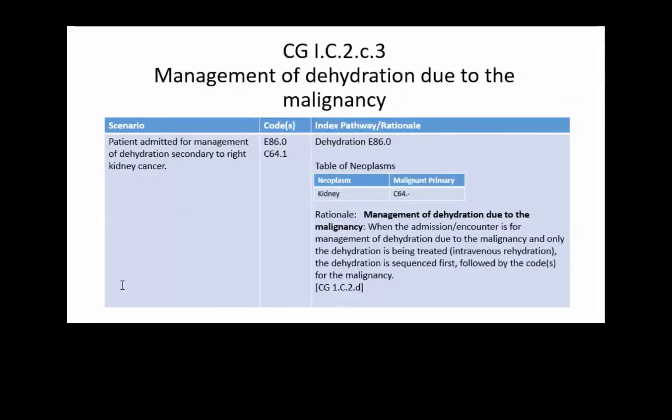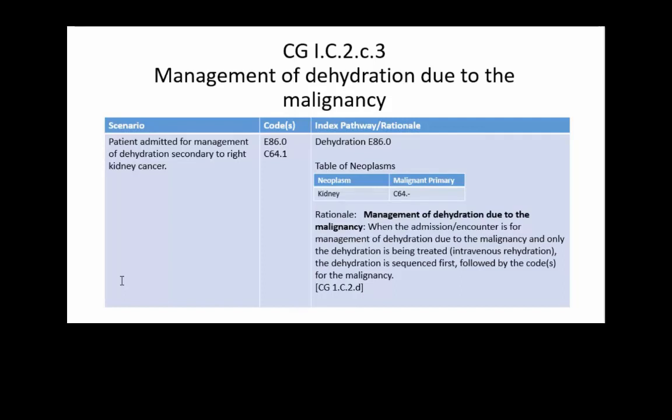This guideline has to do with the management of dehydration due to the malignancy, and the admission is solely for the treatment of the dehydration. You're going to code the dehydration first and then the malignancy. You see where the guidelines come into play here? Because normally you might think you would code the cancer first, because that's the reason why the person's having these problems.